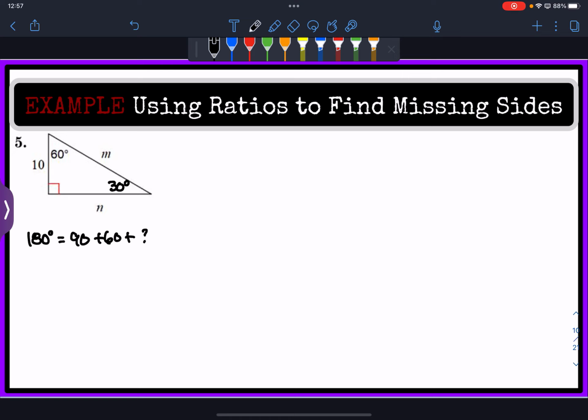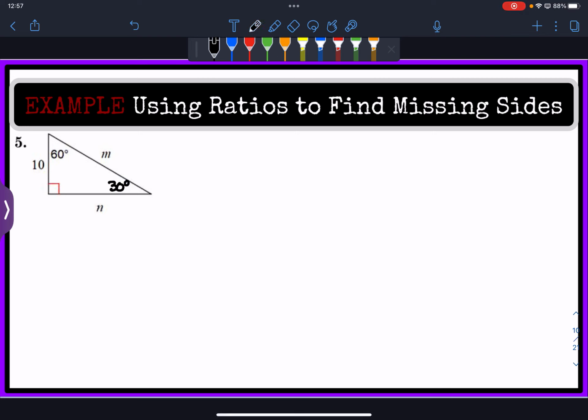So I can figure it out by subtracting 90 and 60 from 180, and that obviously is going to equal 30.